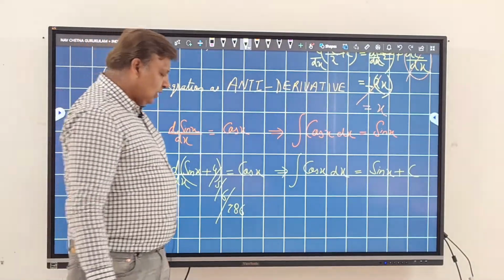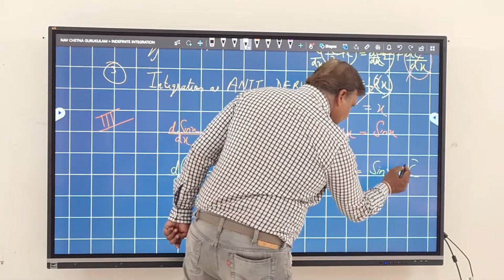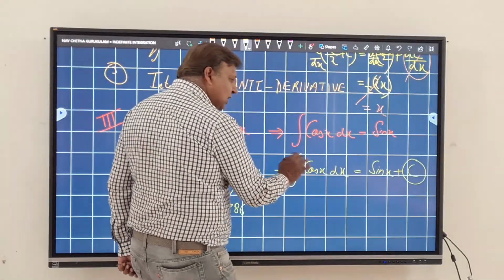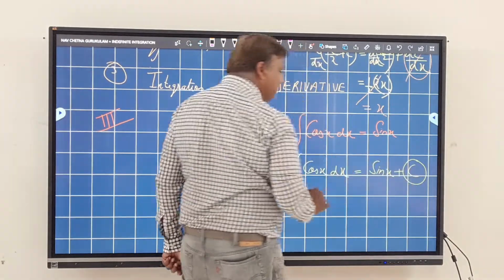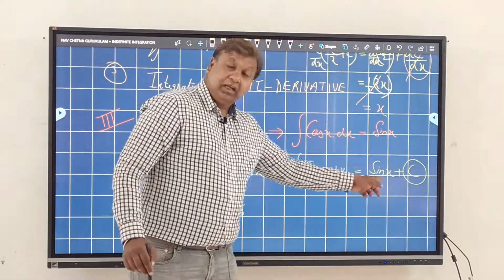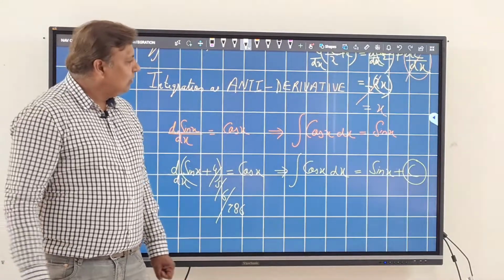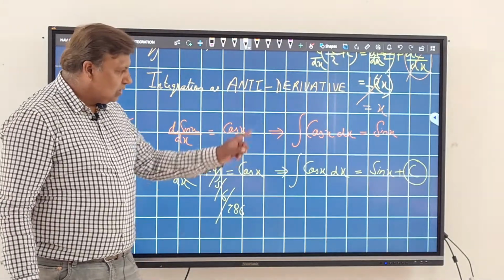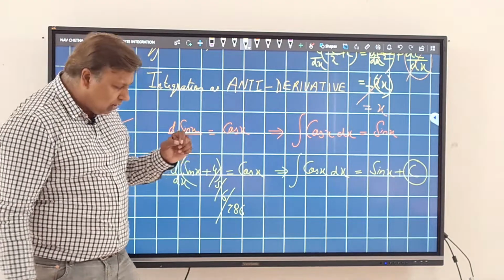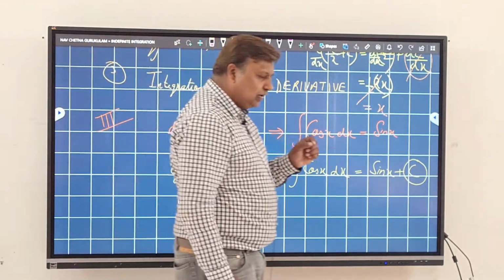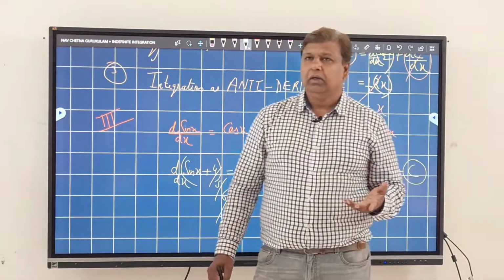So hence we see that we have to add c. Whenever we integrate, we have to add c with the integral. Now, whenever we have that constant c with us, we call this an arbitrary constant. Why?